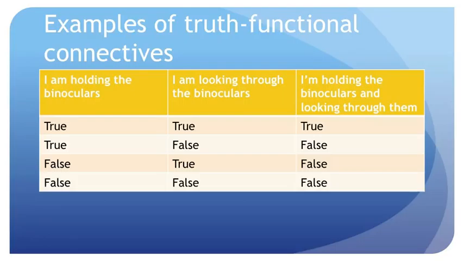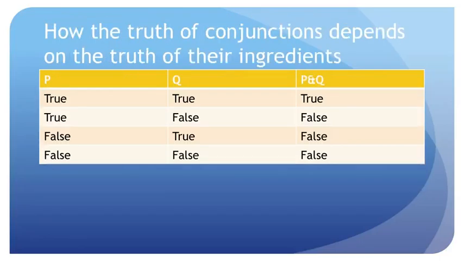If both of those are true, then the whole proposition will also be true. If either one of those initial propositions is false, if it's false that I'm holding the binoculars, or if it's false that I'm looking through the binoculars, then the whole proposition will also be false.